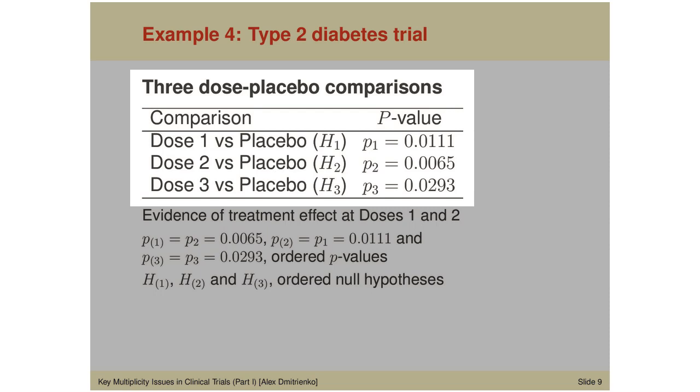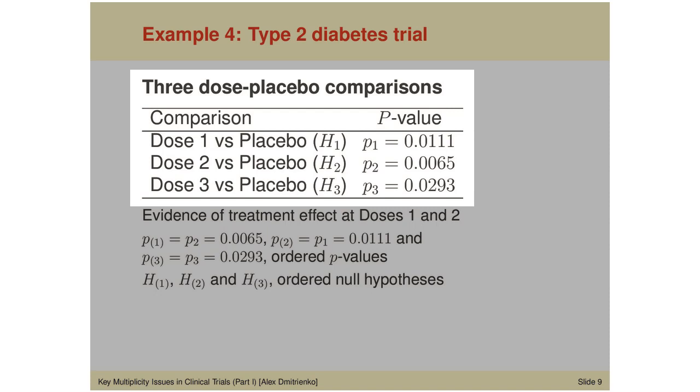The p-values are shown in the column on the right. For example, the first p-value for the comparison between dose 1 and placebo is equal to 0.0111. Now, as you go down to the very last row in this table, you will see that the last p-value, which corresponds to the comparison of dose 3 versus placebo, is equal to 0.0293.